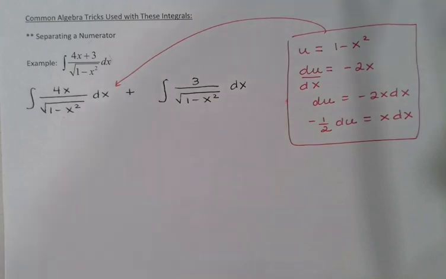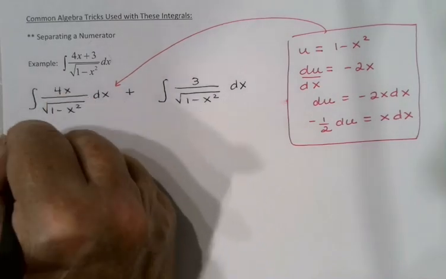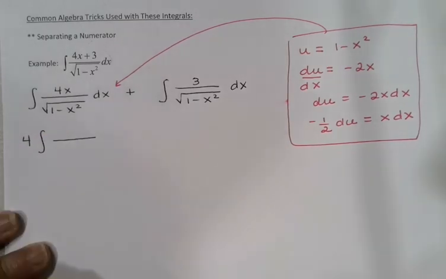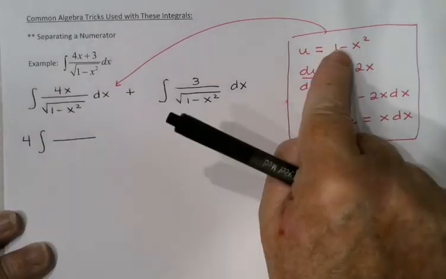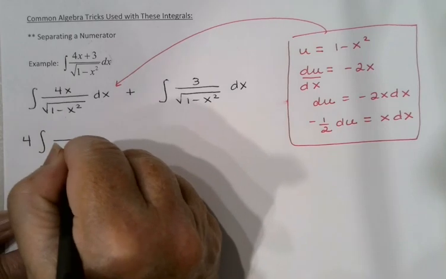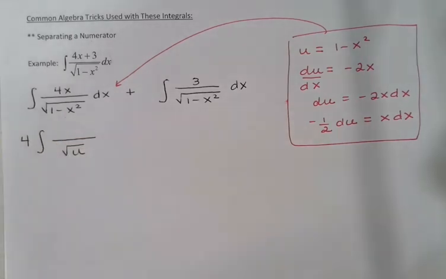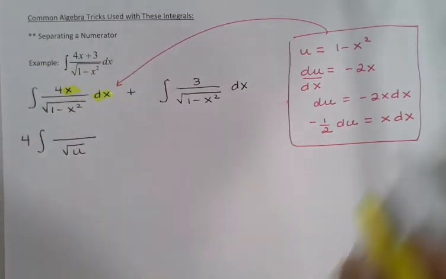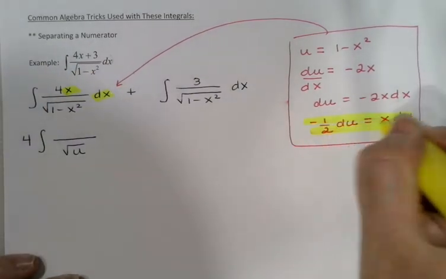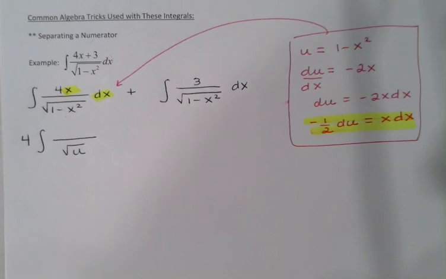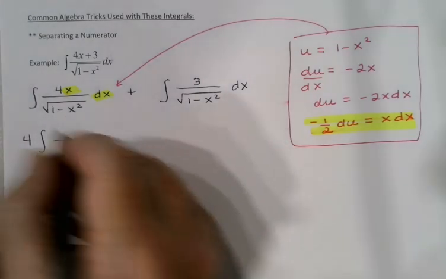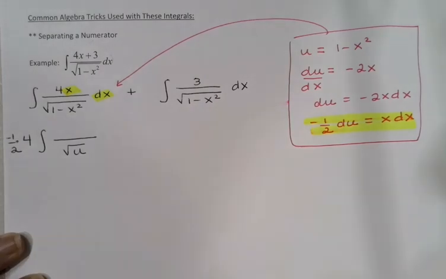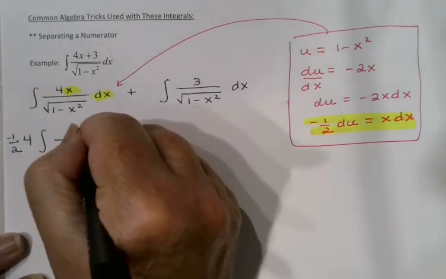So let's do that one first. I'm going to bring the 4 out in front. My denominator is the square root of u. And then I'll replace the x dx with negative 1/2 du. So let's see, I'm going to put the negative 1/2 out in front and the du right there.